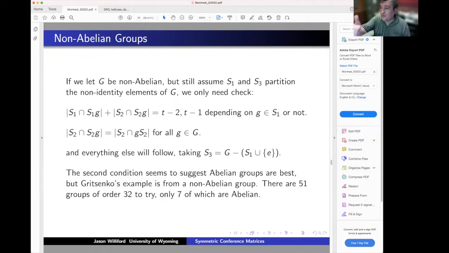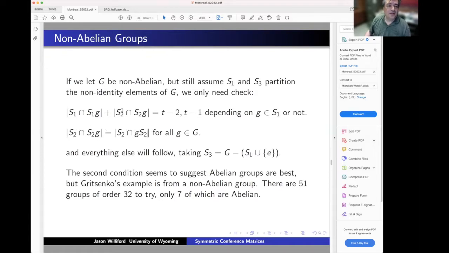And that works for the Paley graphs, it works for Gritsenko's example. And so it's a lot nicer, because then you don't have to deal with 3 connection sets. You really only have to deal with 2 and a smaller condition on the second one. This doesn't mean things commute with S2, but somehow the intersection sizes are the same when you multiply by S2 on either side.